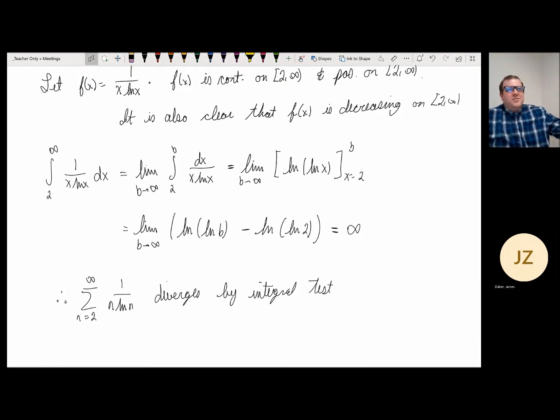So notice, in all of these problems, you're not told what test to use. That is what makes this difficult. You have to decide what test to use.